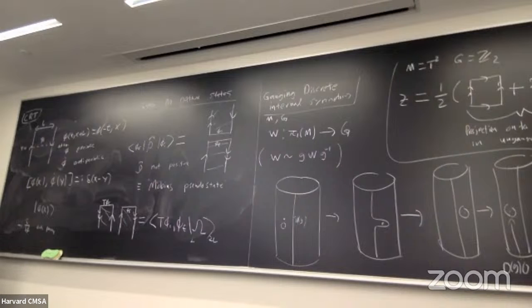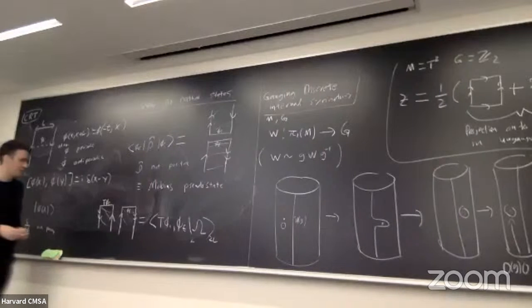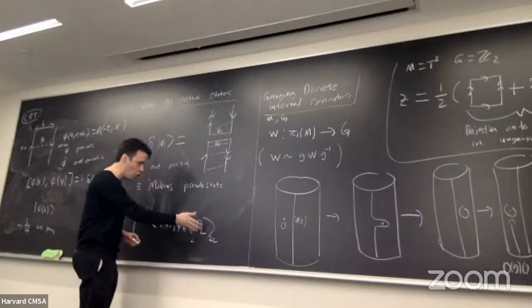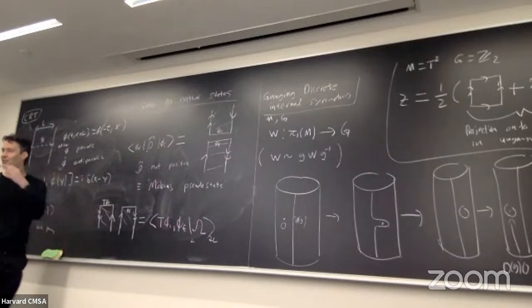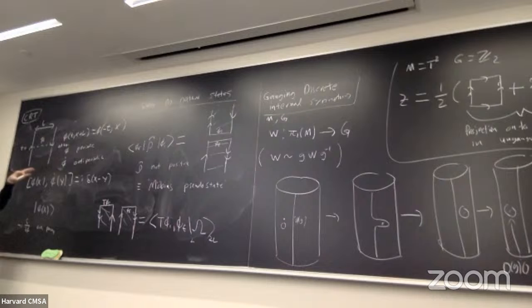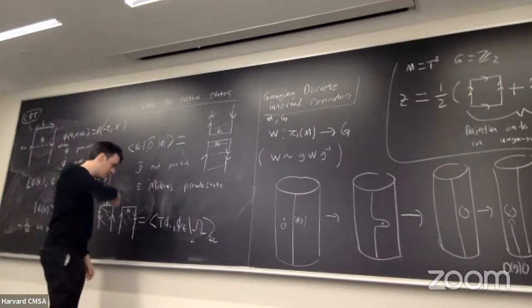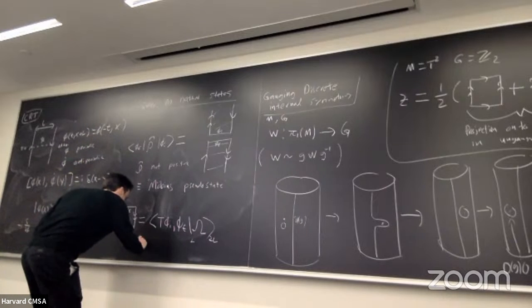I didn't yet use conformal symmetry. The place where I can use conformal symmetry is that in conformal field theory, I know the wave functional on a cylinder because I can map it to the infinite space, and then I can use the Rindler decomposition. Okay. So I won't go through the details of that.